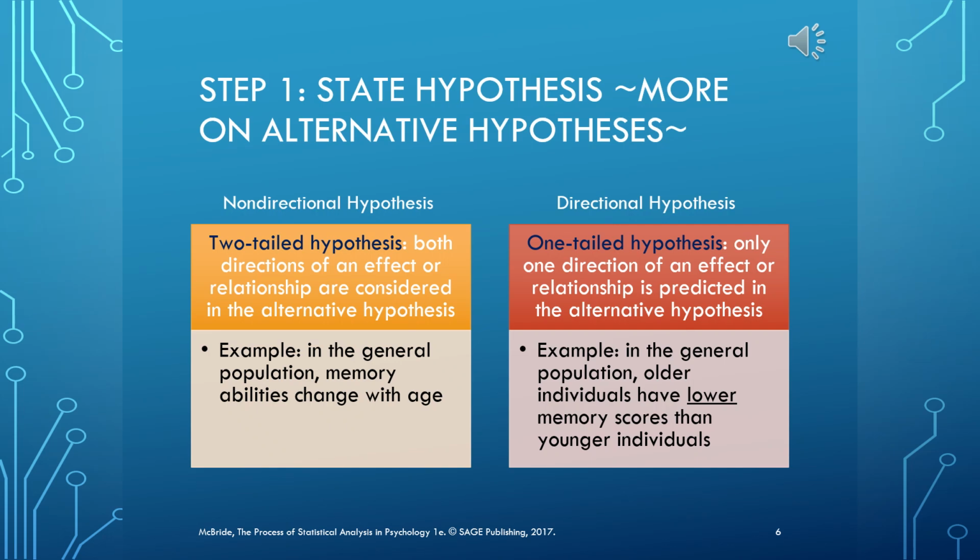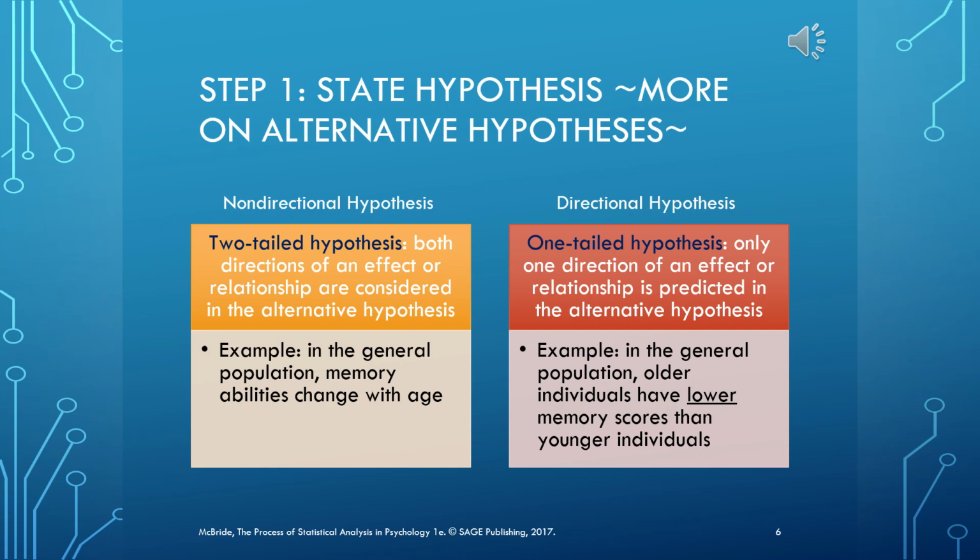But what you're saying is, for example, in the general population, memory abilities change with age, but you don't commit to a specific direction. So two-tailed hypotheses are basically like non-directional hypotheses. You just think that there is going to be some difference or some change between two different groups, or before and after some kind of experimental manipulation that you do.